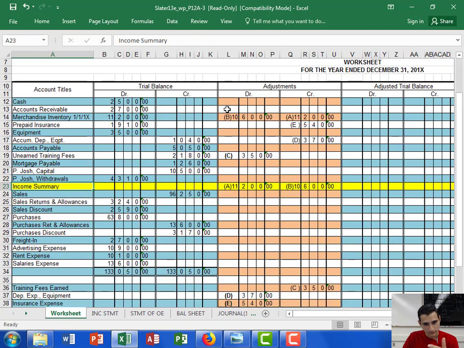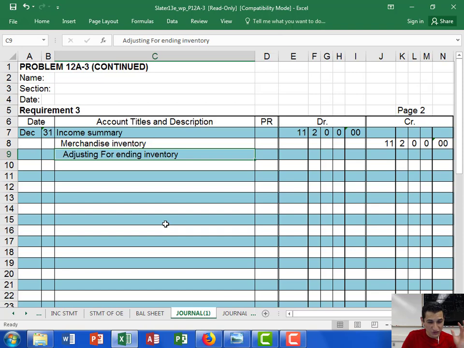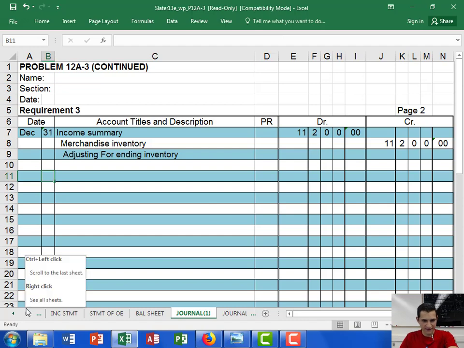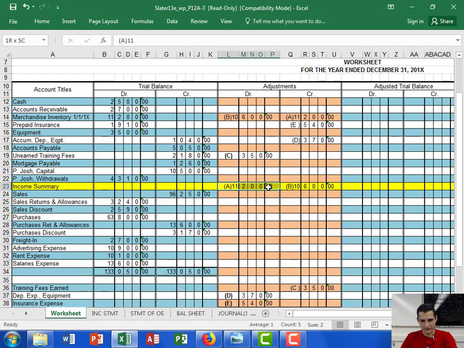Whatever you see here should be reflected the way you see it from the worksheet. You should see it here. Okay, so this is only half of that first entry. We've shown this debit and credit, or the leaving of the beginning inventory out of the merchandise inventory account.